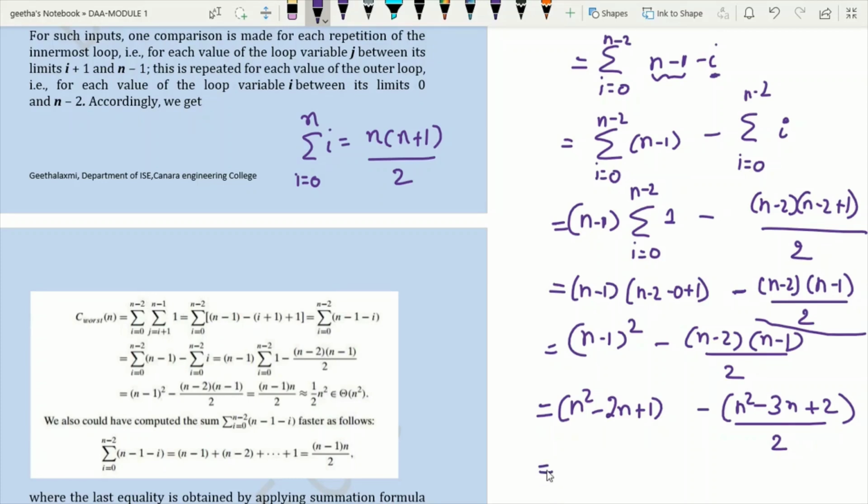Let us make a common denominator 2: 2n square minus 4n plus 2, minus n square plus 3n minus 2.